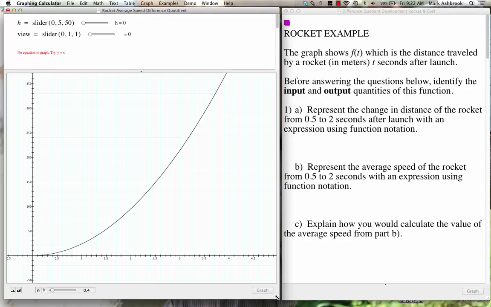Average speed is calculated by... So how do you find an average speed? When they say average speed, it's not the same thing as averaging two speeds, right?